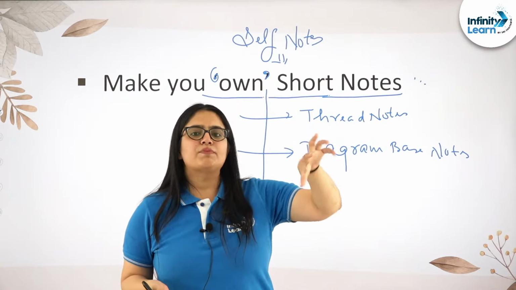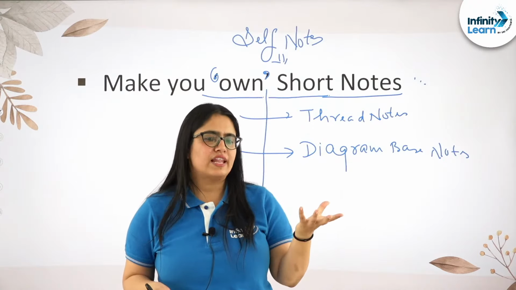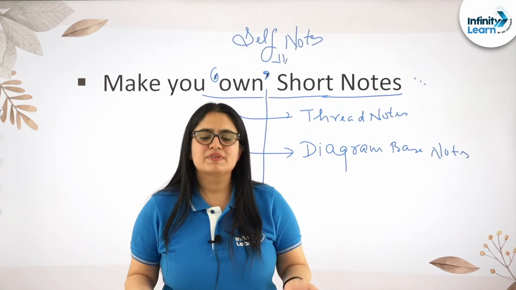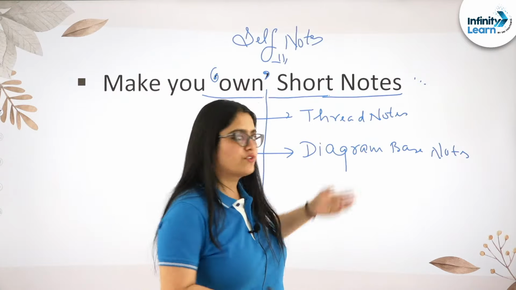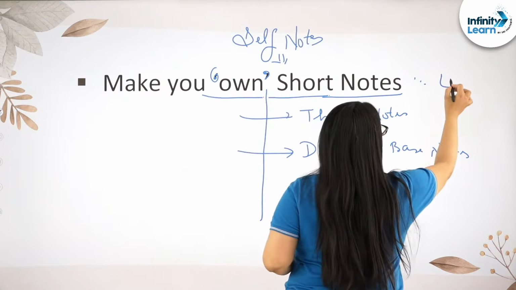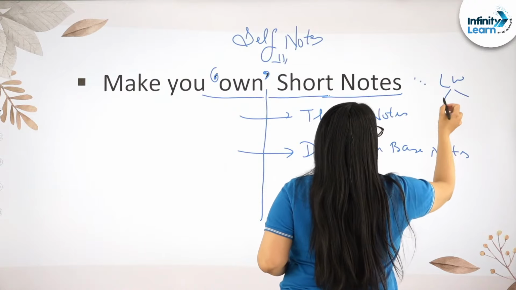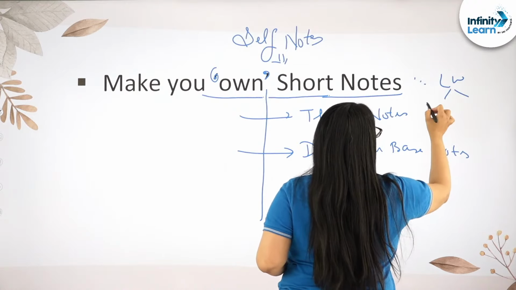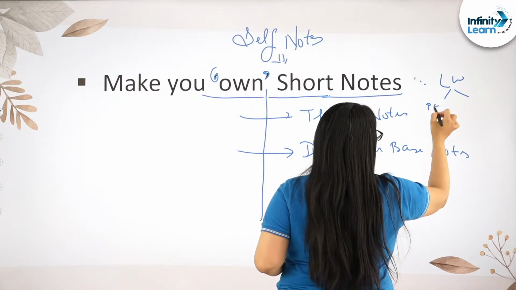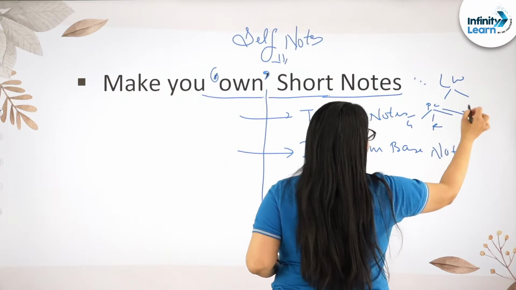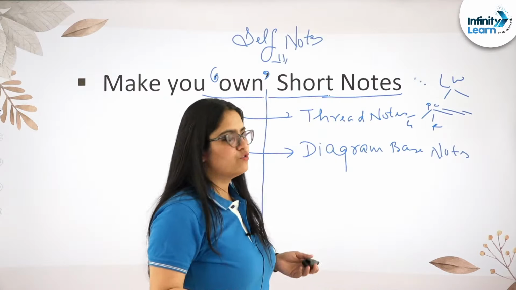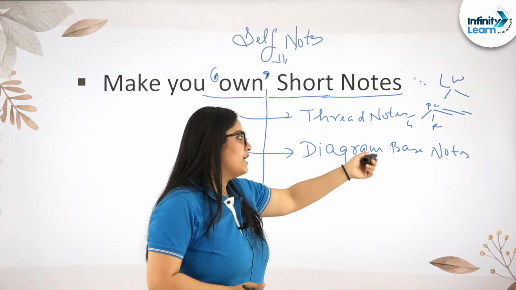So when a chapter has fewer pictorial, representative diagrams, you can go with thread notes. For example, you can start writing living world, then the properties of living organisms, then split into three, four, five points like growth and reproduction. Similarly, you are smart enough to understand how to make thread notes.